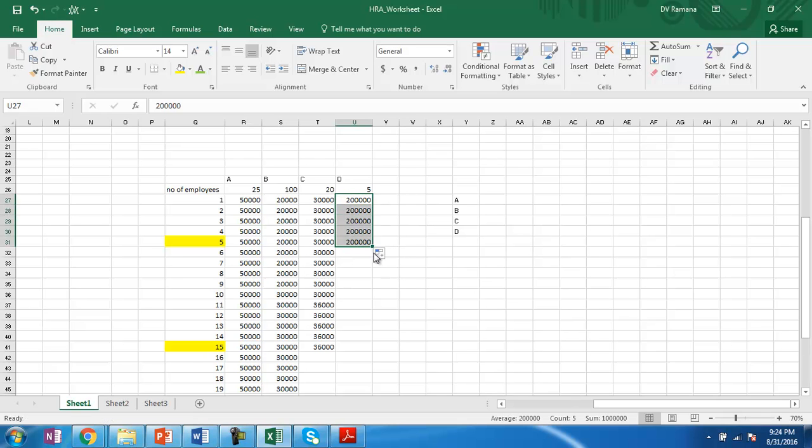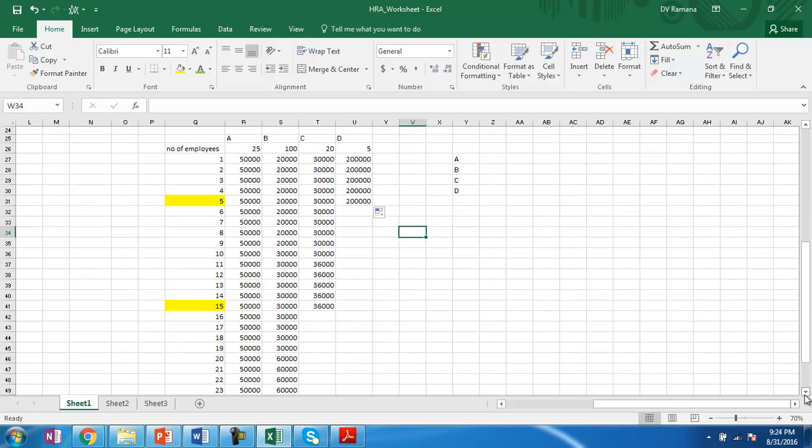This may not be the reality because the salaries will keep on changing, but let us assume that this structure is there, and let us find out the value of these employees, 150 in total.